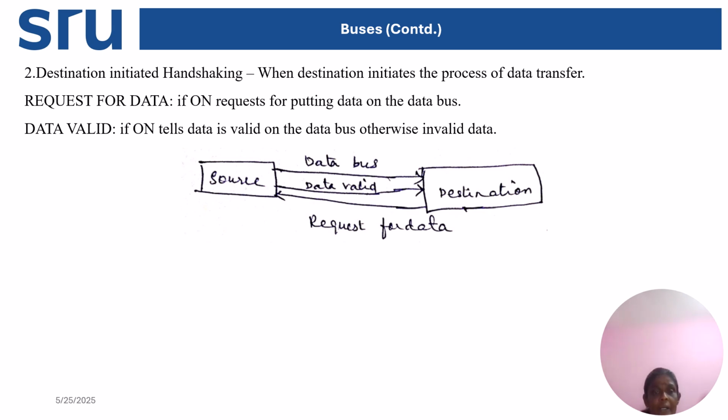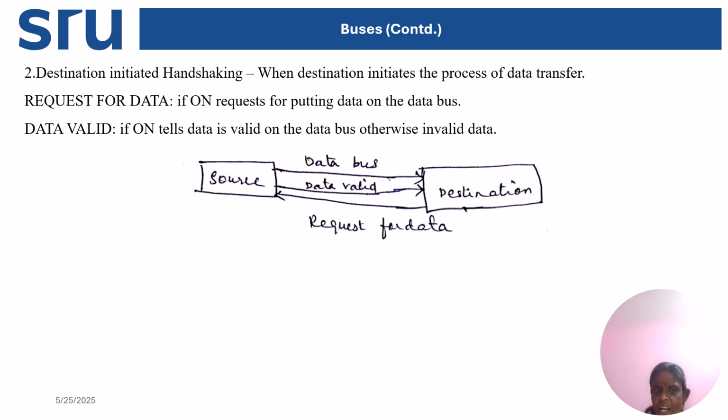On request, the source puts the data on the data bus. So the destination is asking the source to put the data on the data bus. See here, the destination gives request for data: you put the data on the data bus, that is the request. And then data valid.